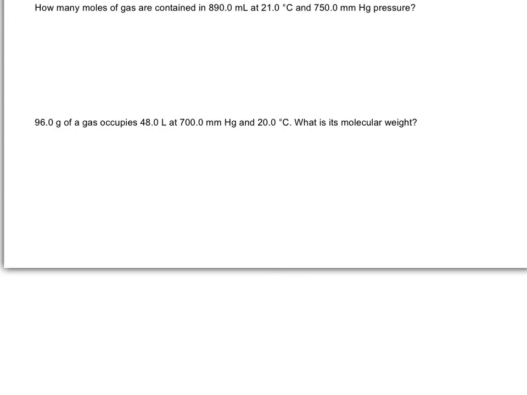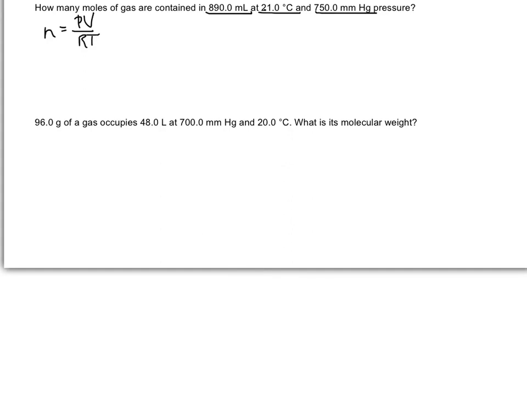This next one, which somehow got out of order on this sheet relative to where it is on your sheet, asks how many moles of gas are contained in 890 milliliters, so we know the volume, 21 degrees Celsius, so we know the temperature, and 750 millimeters of mercury of pressure. So this is a fairly standard ideal gas law problem. We can rearrange the ideal gas law to be n equals PV over RT.